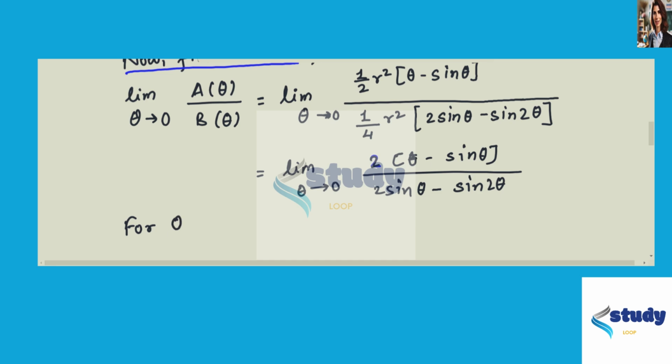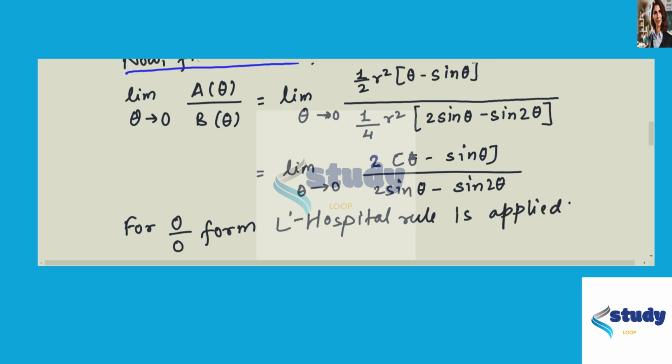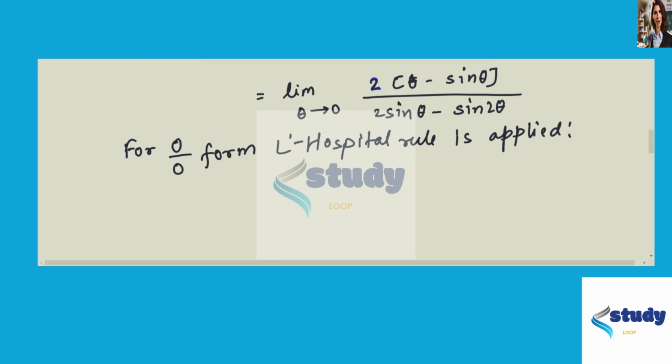So for 0 by 0 form, L'Hospital rule is applied here. So what do we do in L'Hospital rule? If we get any form in limits, like 0 by 0 form or infinity by infinity form, we will just differentiate it and we will get the value. So this becomes very easy to solve the limits.